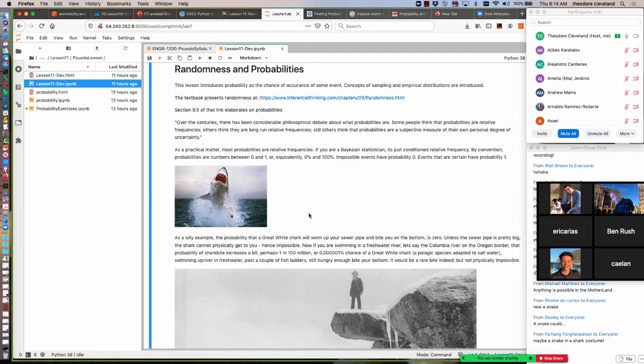Great white sharks are a pelagic species adapted to salt water. Okay, so I'm swimming in water. Great white sharks live in water. Possible. The water I'm swimming in is fresh water. Sharks live in salt water. So there's one plausibility disconnect right there.